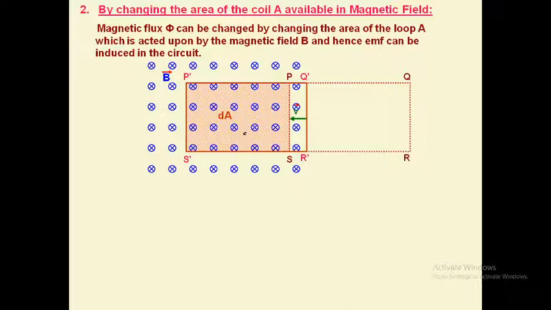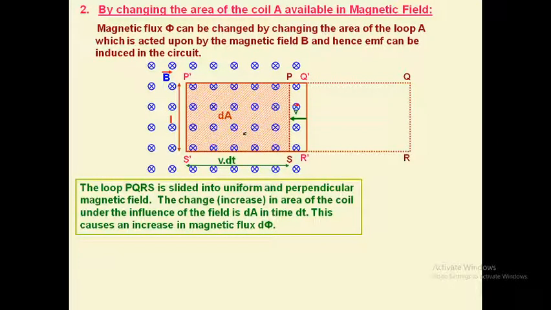When we push it inside the region of magnetic field, more and more area will see the magnetic field. So this is how we change the area. So we discussed two things: changing magnetic field, and changing area.